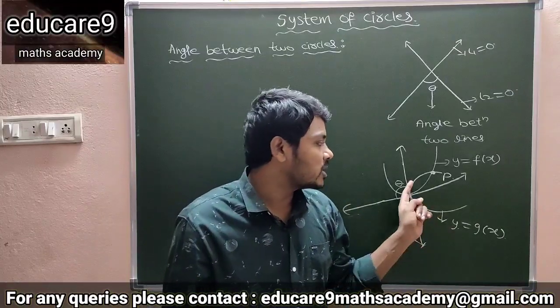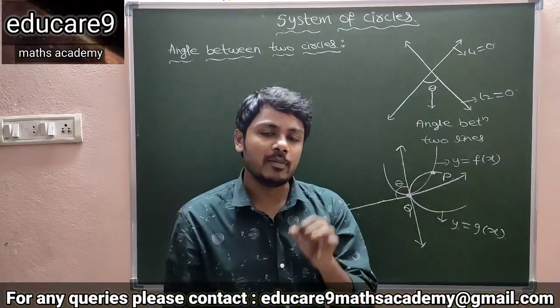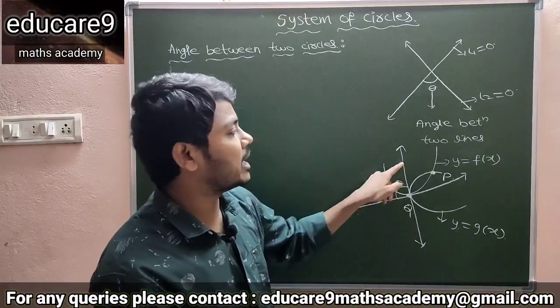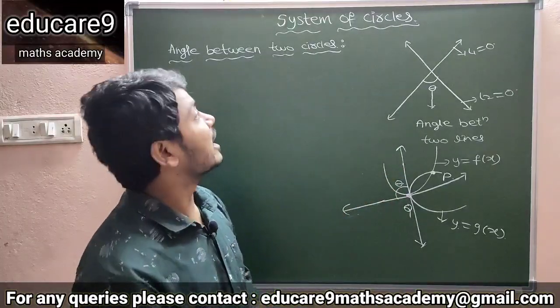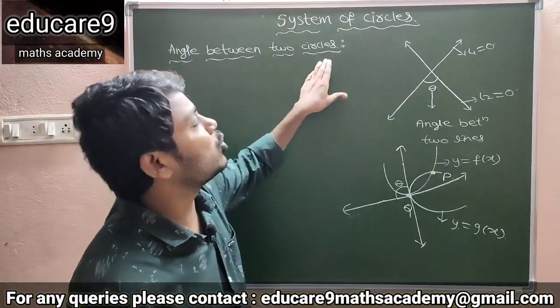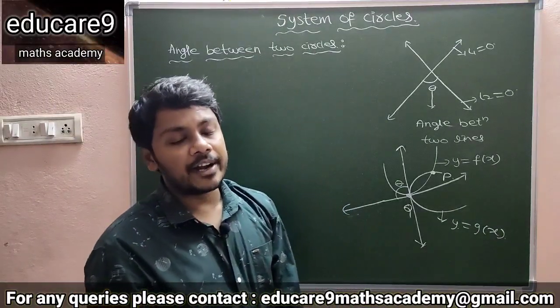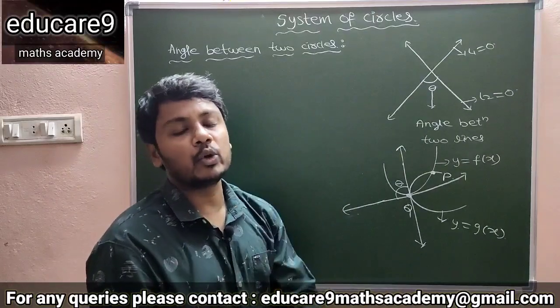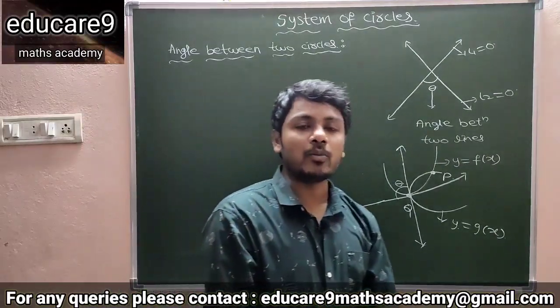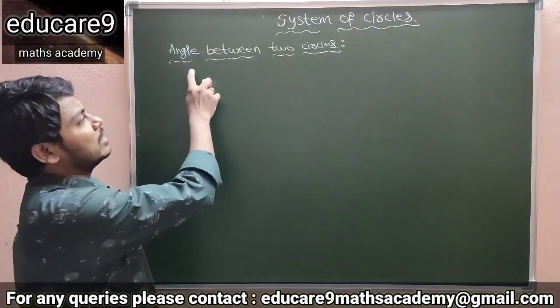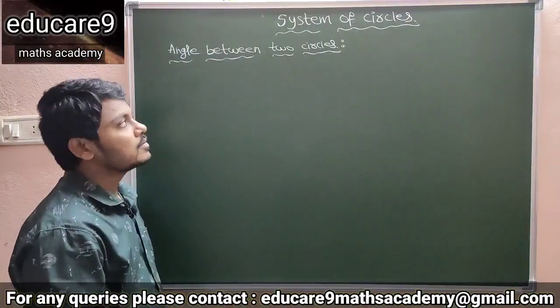So clearly the angle between two curves is defined as the angle between two tangents. Clearly the angle between two circles is also defined as the angle between two tangents at their point of intersection of two circles.